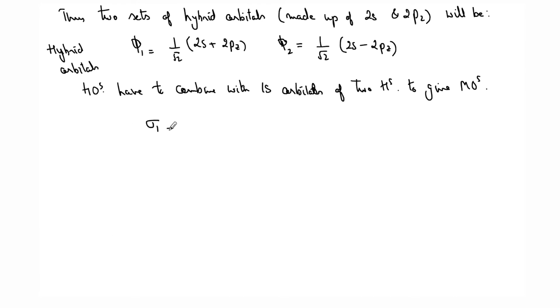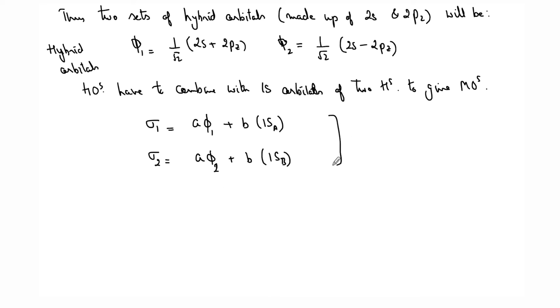We can say sigma 1 is A times phi 1 plus B times 1s A, which is coming from hydrogen. Similarly, sigma 2 can be written as A times phi 2, this one, plus B times 1s B. This is the second hydrogen.